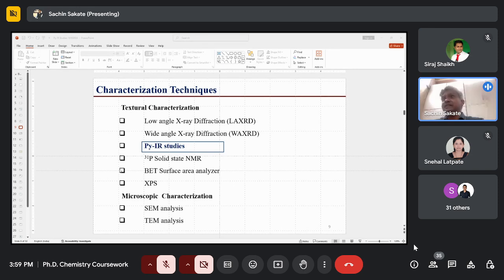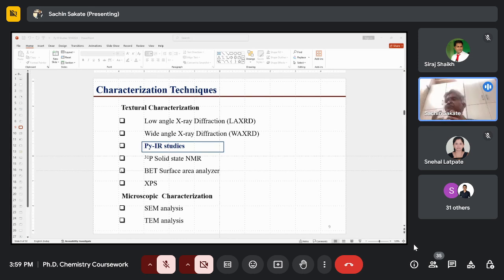XRD, wide angle, low angle, pyridine IR, NMR, surface analyzer, XPS, all are textural. These are done about the active species which is present on the surface. Microscopic characterization, like SEM, TEM, I have not mentioned, are also some of the characterizations for heterogeneous catalysis, actually.